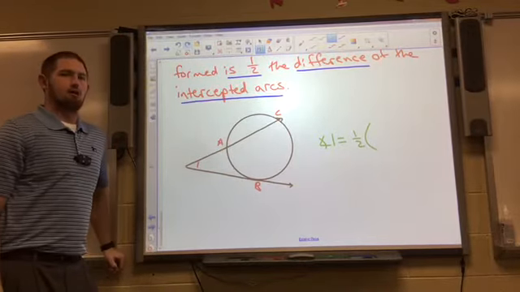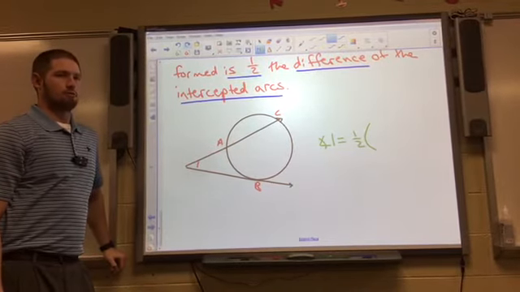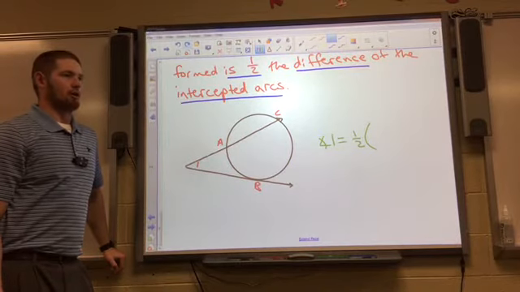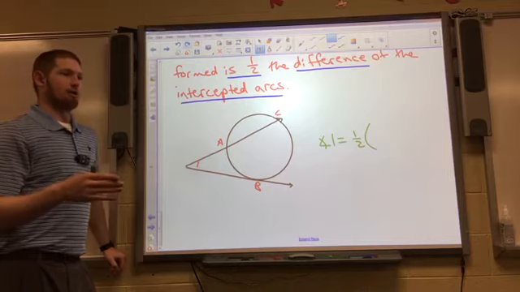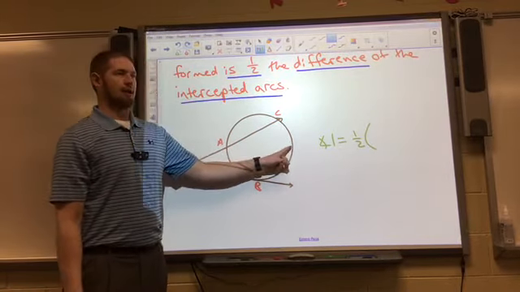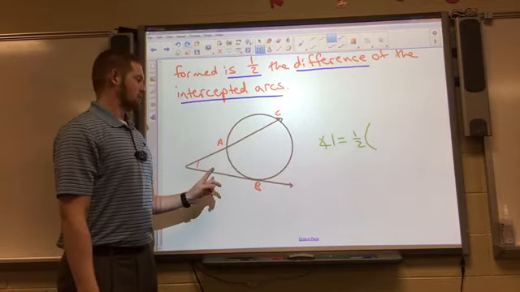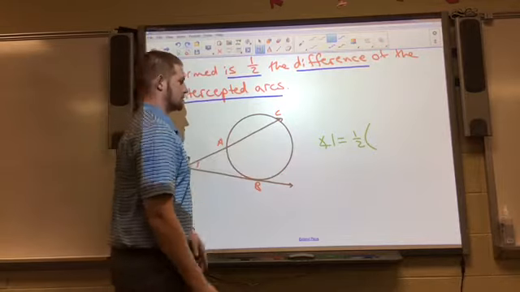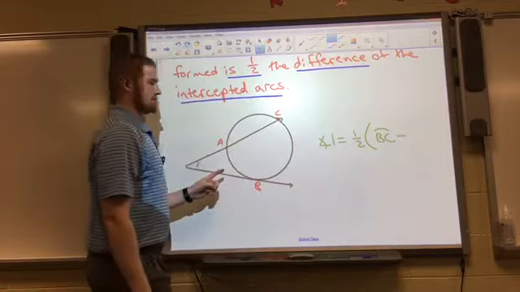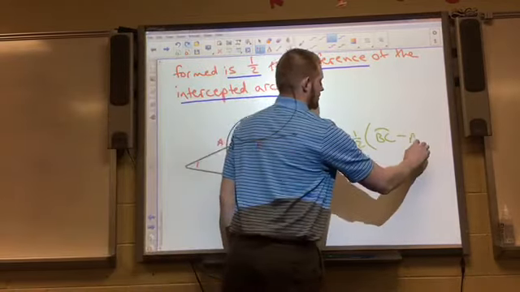Now, if I'm subtracting, what one has to go first? What's that, Royal? The bigger arc. Not necessarily a major arc, but the bigger one, right? Because if I take the small one minus the big one, I get negative. Can I have a negative angle? No, that doesn't make any sense. So I always want the big arc. So in this case, it would be BC minus AB is the other intercepted one.